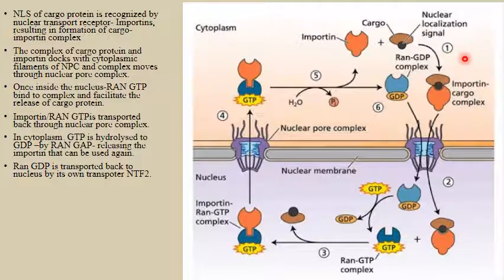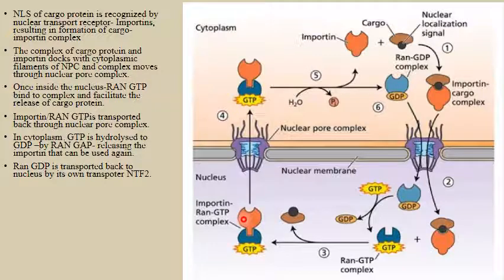This complex docks with the cytoplasmic filaments of the nuclear pore complex, moves through it, and reaches the nucleus. Once inside the nucleus, RAN GTP binds to this complex and facilitates the release of the cargo protein, forming importin RAN GTP complexes.